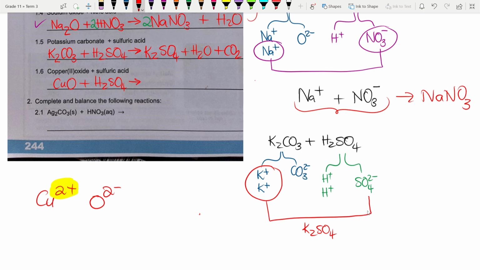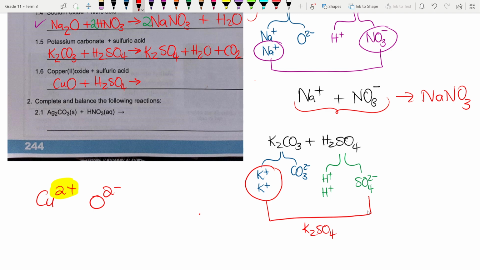What did you get for the products of this one? I'm still calculating. Okay. All right. Remember, it's just the swapping around of ions, and then you can remember that if it's copper oxide, it's a metal oxide and acid. What will be the products? It's always going to be salt and water.